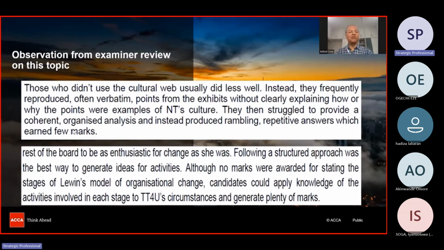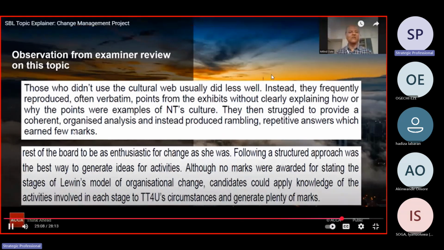Naturally, they struggle to provide a coherent organizational analysis. This does affect your marks. You don't get a pass easily unless you learn from the mistakes made by students earlier and try to improve through your learnings.